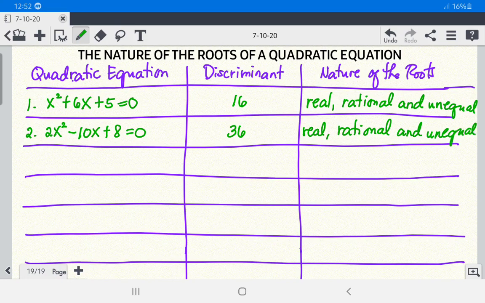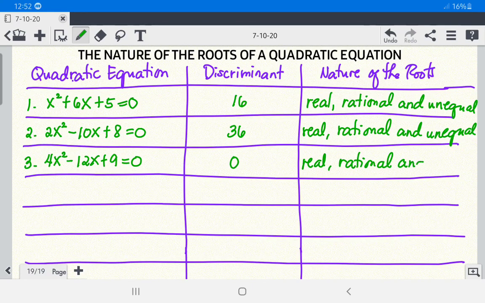The next, number 3, we have 4x squared minus 12x plus 9 equals 0. Its discriminant is 0. Therefore, the roots are real, rational, and equal. Then number 4, we have x squared minus 6x plus 9 equals 0. Now, the discriminant is 0.